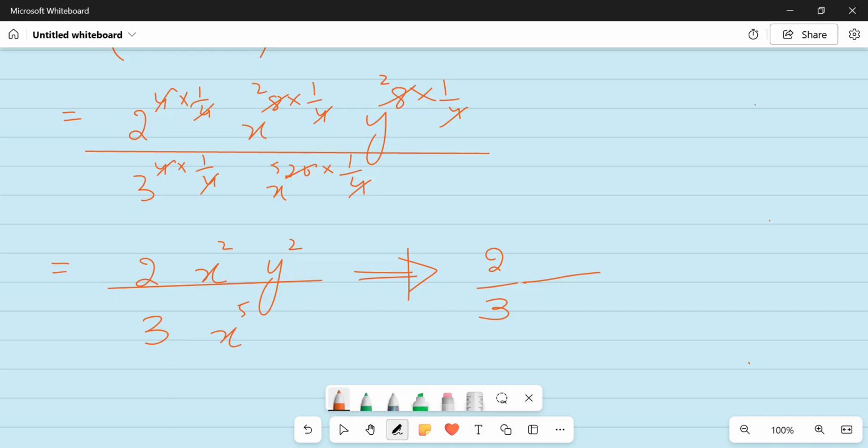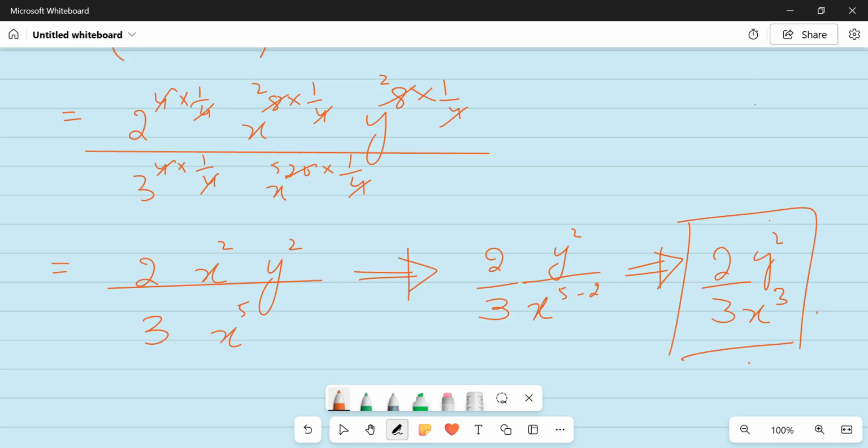So rather than taking this x5 in the numerator, I'm bringing x square into the denominator because I want the exponent in positive, right? And y square is already there. The numerator is already positive. So 2 over 3, y square and x to the power cube, right? And this is the final answer.